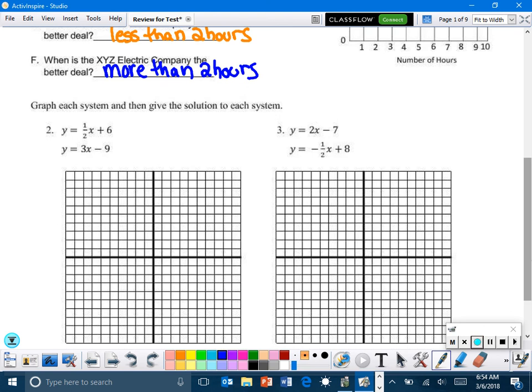Okay, I'm going to graph these two systems. Remember, we first plot our y-intercept, and then we use our slope, and we want to see where they cross each other. So I'm going to just graph these, with different colors for each line, without talking. So you're just going to see the pen going across the screen. All right, here we go.